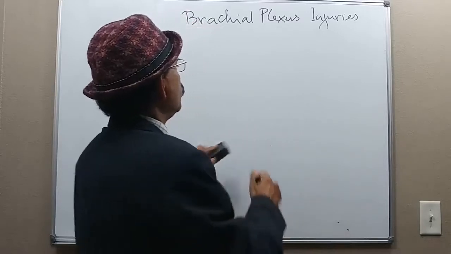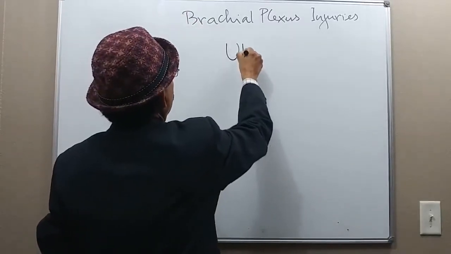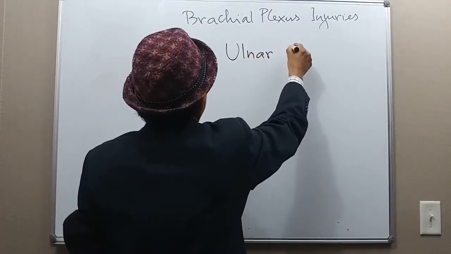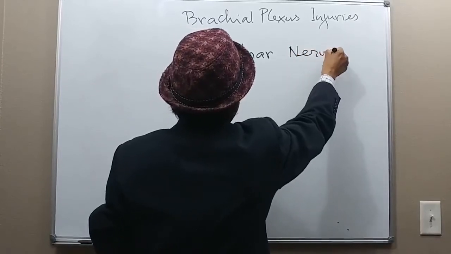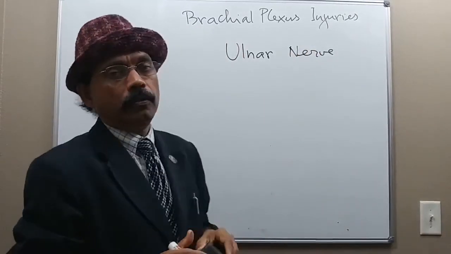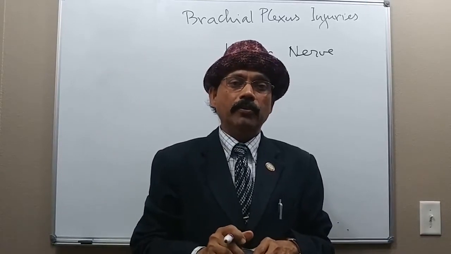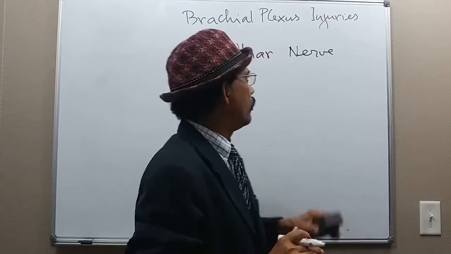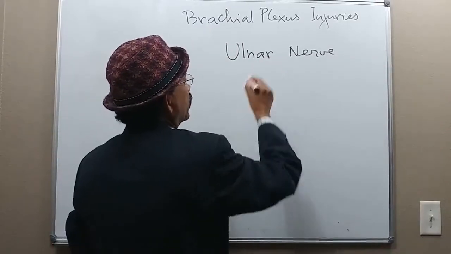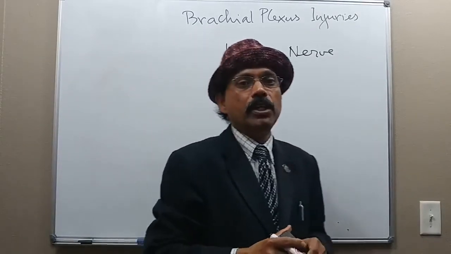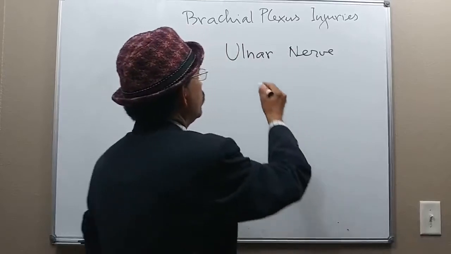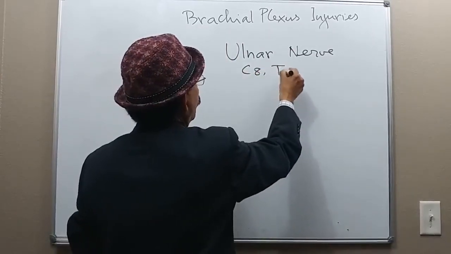We may have lesion to the ulnar nerve. Okay, so ulnar nerve lesion will be like that of Klumpke's paralysis. Okay, what will happen? We have ulnar nerve coming from the medial cord. What is the root value? C8, T1.